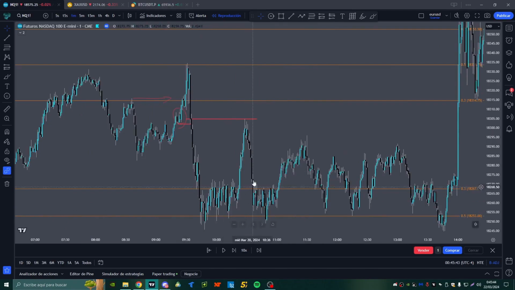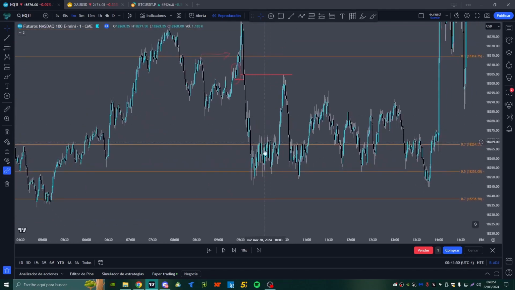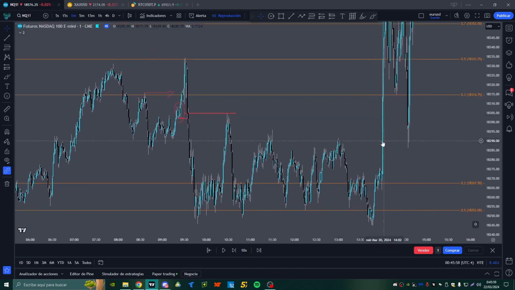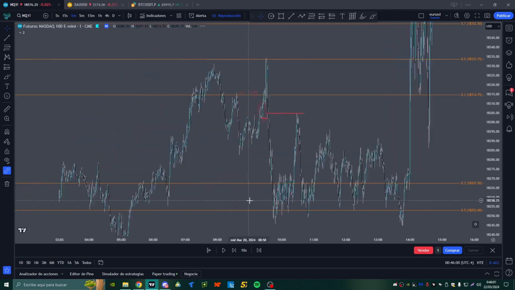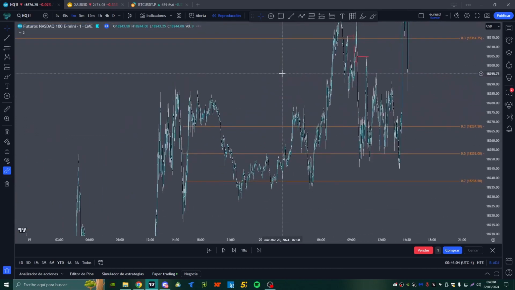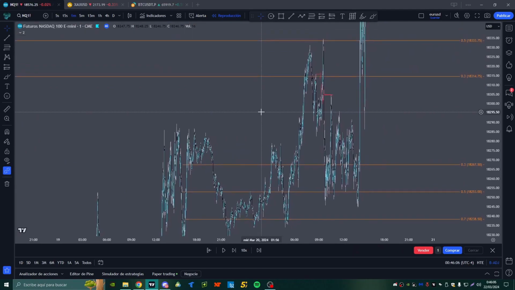So of course the price reaches the limit, taps it, and goes back again to the origin. So the price in the morning was doing this ping pong waiting for the release of the news. That's a bit what was happening in the morning hour.